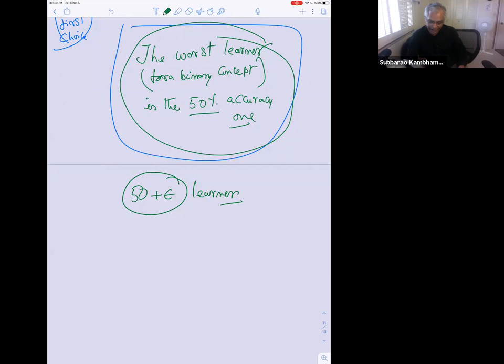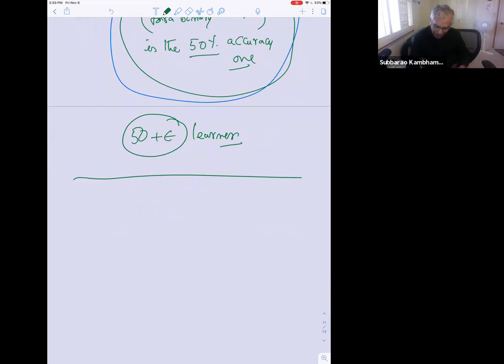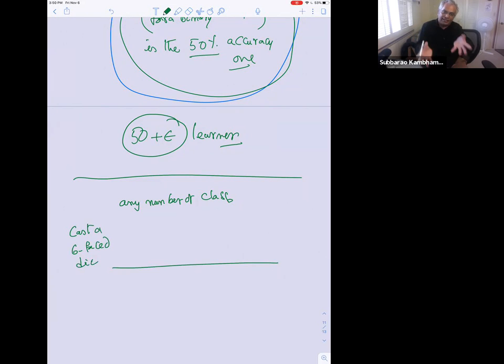Useful to remember. In fact, it is connected. This can be generalized to any number of classes. So for example, if I'm about to cast a die, a 6-faced die, the dice that we throw, and you're supposed to guess what it will come up as, right?